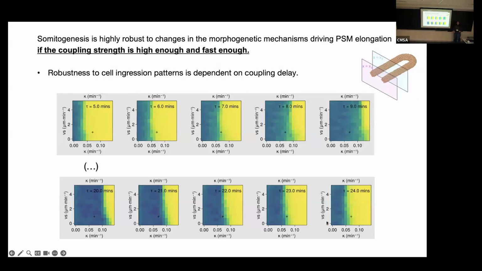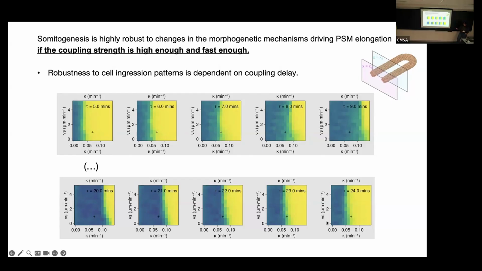So I think that what this is telling us is that you can change morphogenesis, you can evolve morphogenesis quite a bit, so long as you find yourself in one of those evolvability manifolds that Sebastian was talking about earlier, right? So if the coupling strength and the delay are playing ball, you can change the underlying morphogenetic modes quite drastically, and thereby evolve somatogenesis and things like vertebral count.